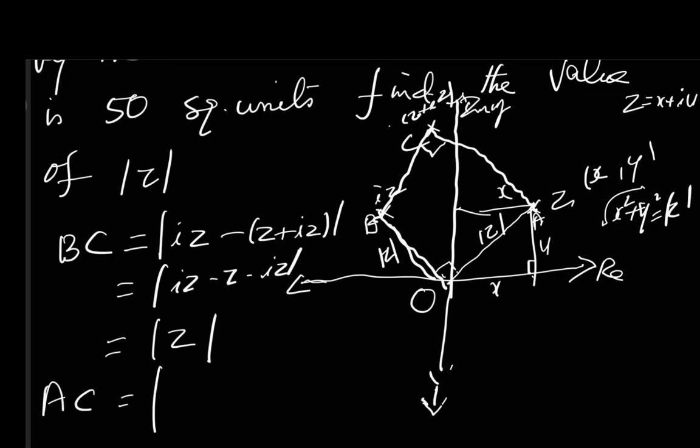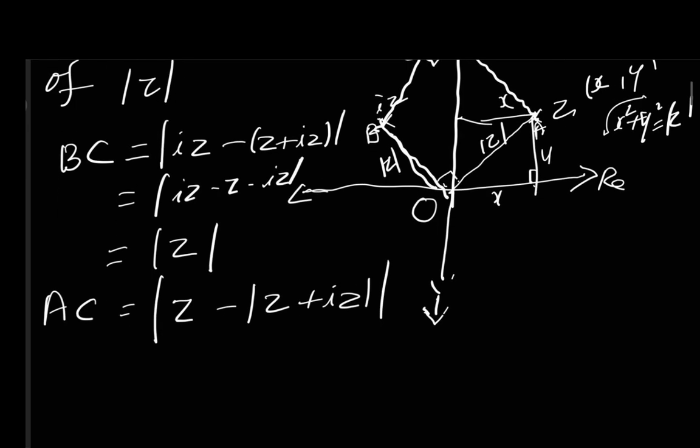And what about AC? AC is equal to modulus of z coordinate minus z plus iz. So z minus z minus iz. That is, z cancels, modulus of minus iz. See, modulus i is 1.